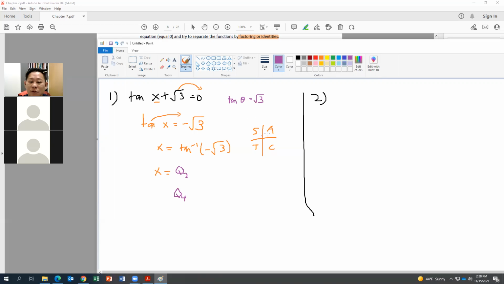Anyone? Grab your unit circles. Remember your unit circles. So look at your y over x. Which one of these angles will give us √3? 2 pi over 3.